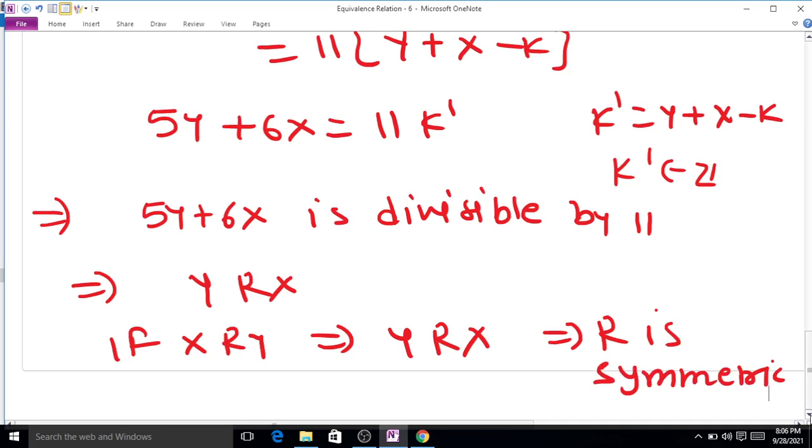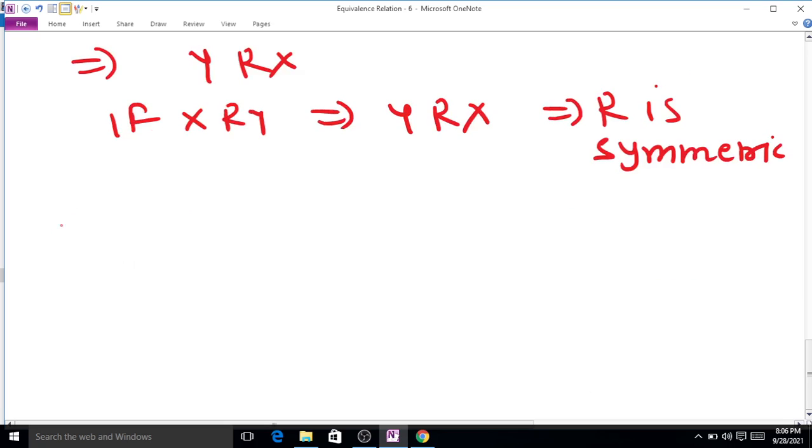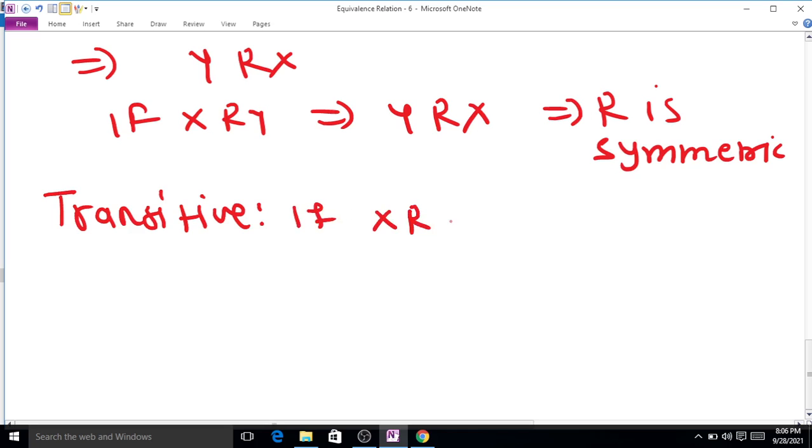Now we want to check whether R is a transitive relation. So next, third, transitive relation. Suppose x is related to y and y is related to z, where x, y and z are all integers.